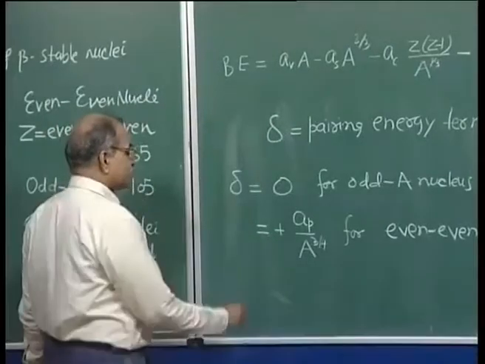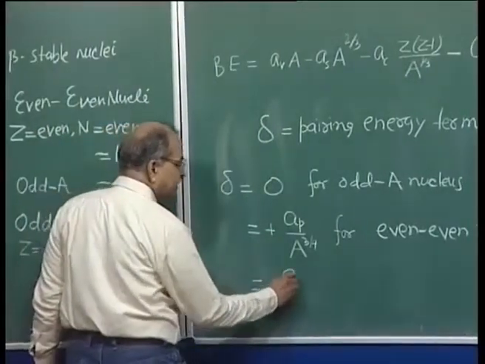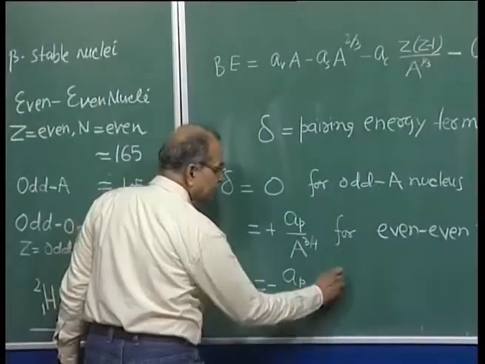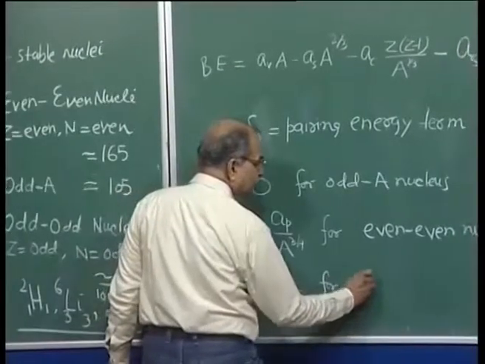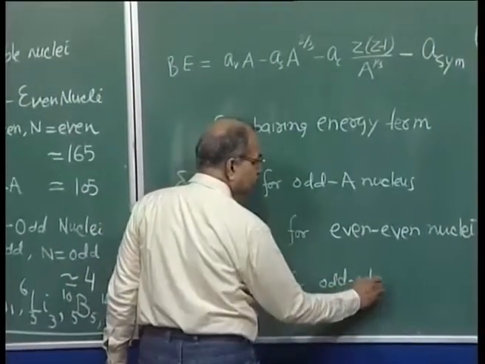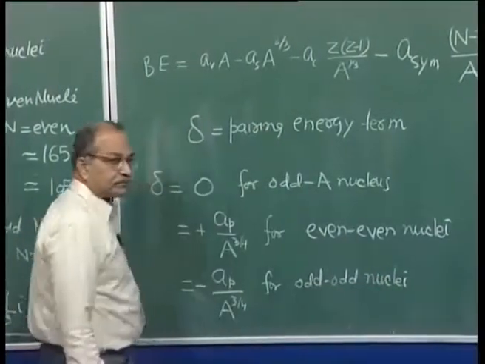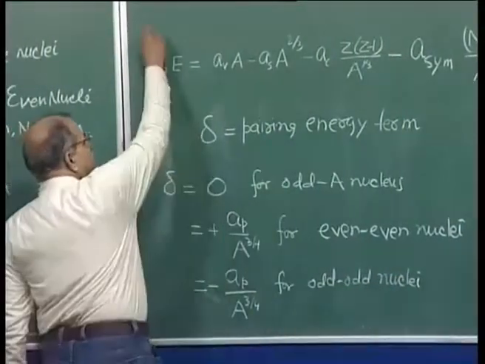So plus a_P over A^(3/4) for even nuclei, and minus a_P over A^(3/4) for odd nuclei. So that finishes the job.